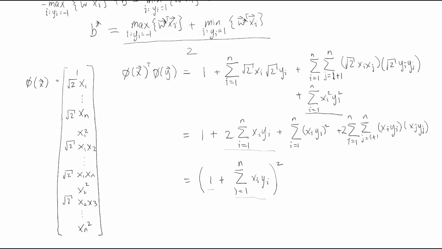So then for the second part, this is actually all equal to the sum from i equals 1 to n of xi yi, the whole thing squared. When you square this whole thing, you will get all the square terms, which are going to be (xi yi) all squared.